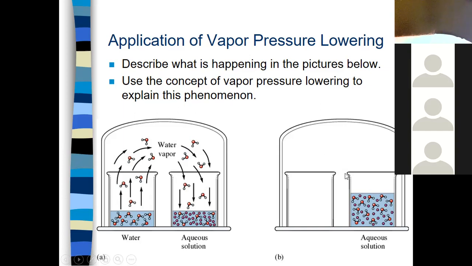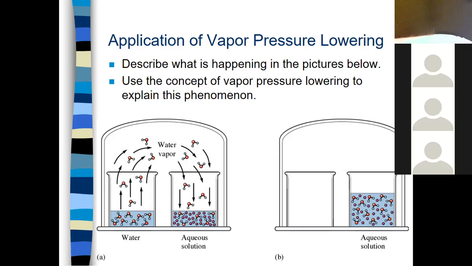But of course, nobody did that. The water simply kept evaporating. And as it evaporated, it also condensed into the solution. So it's as though water just left from one beaker and went into the other beaker until there's no more water on the left.